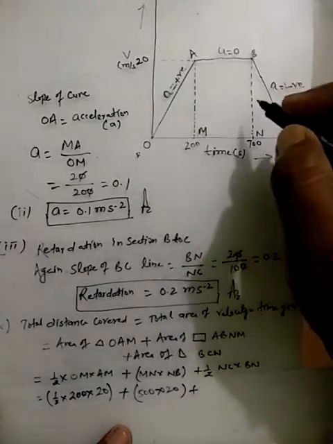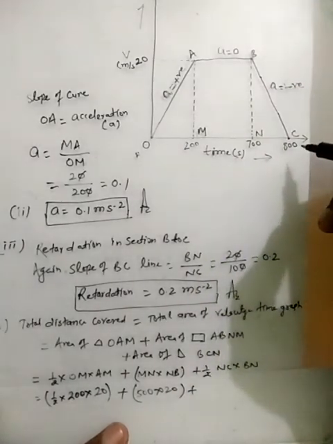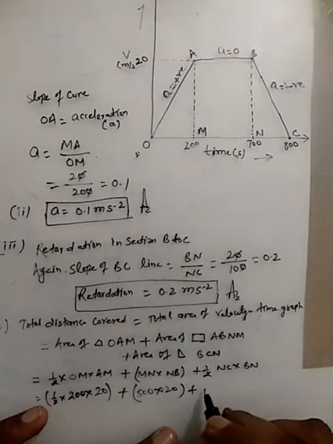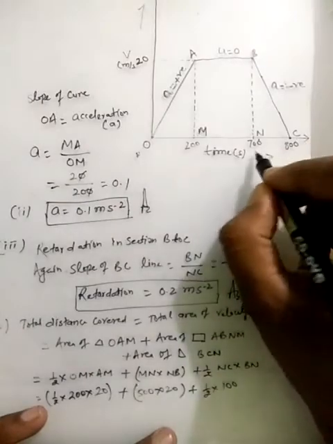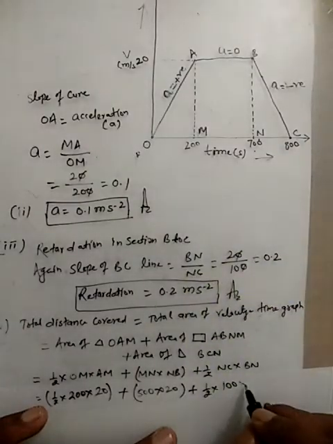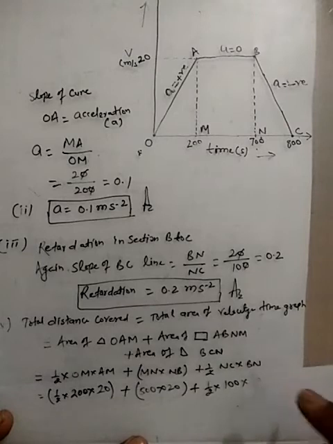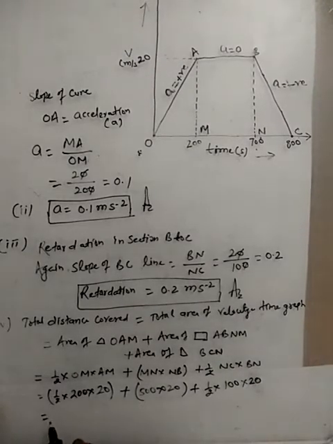plus again the triangle BNC is a right angle triangle, and the area of the right angle triangle is half into base into height. Here NC is the base, NC will be equal to 100, NC 700 to 800, 100, into BN is also 20.